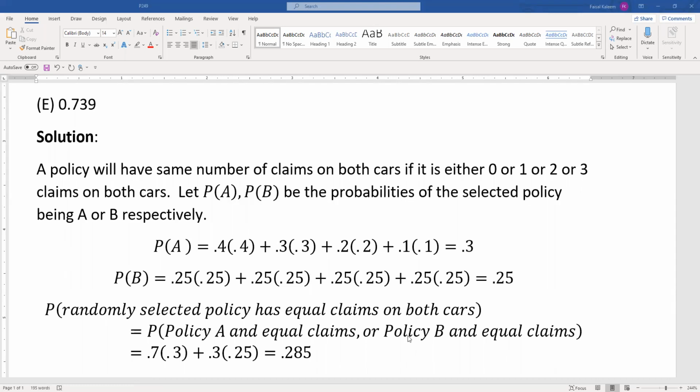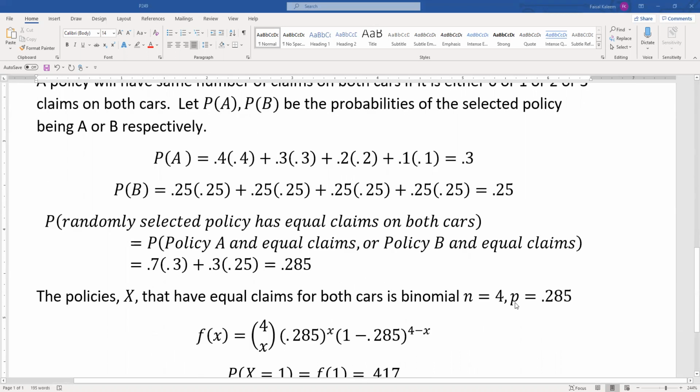Or you could have selected policy B and have equal claims, so policy B is 30%, and equal claims in policy B is 0.25. And so this is 0.285. That's the probability that the randomly selected policy has the same number of claims on both cars.